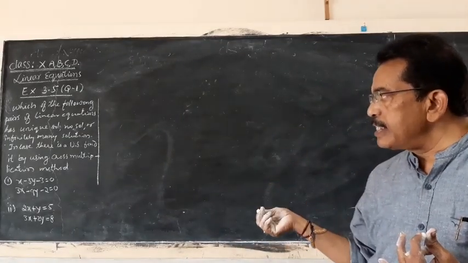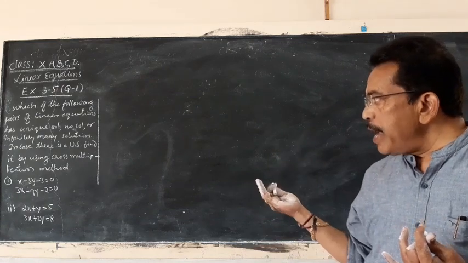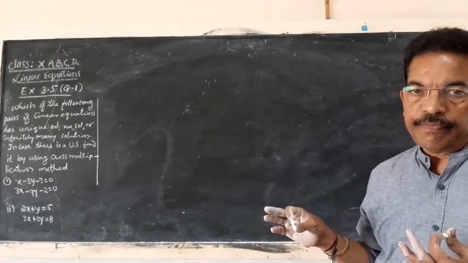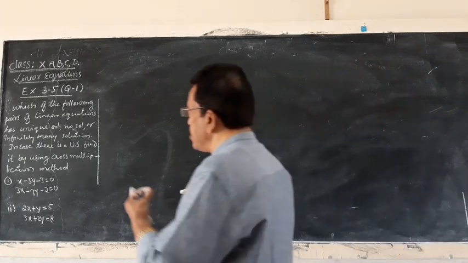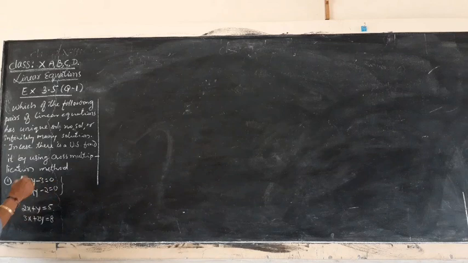If there is a unique solution, find it using the cross multiplication method. Read the question once again. First, we have to find the nature of the pair of linear equations.